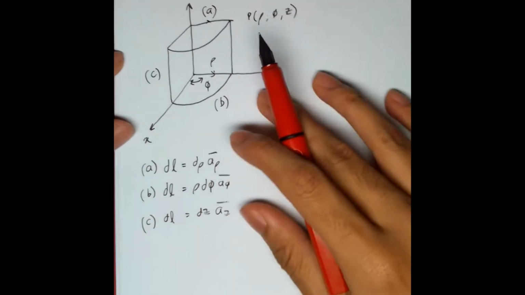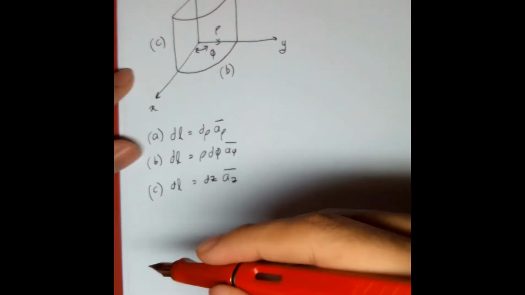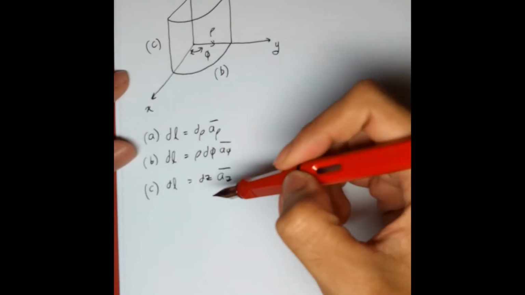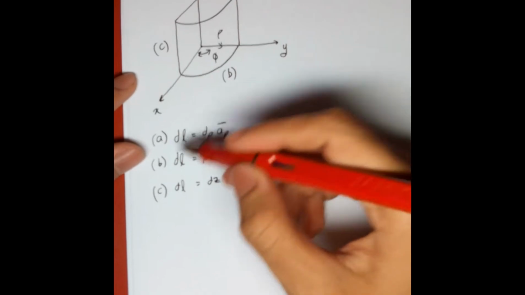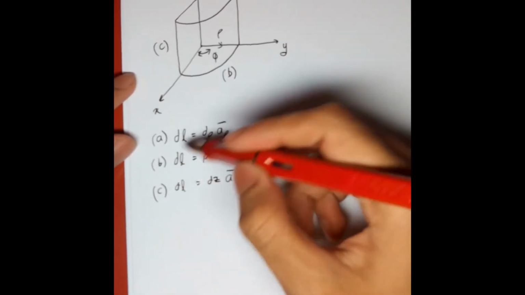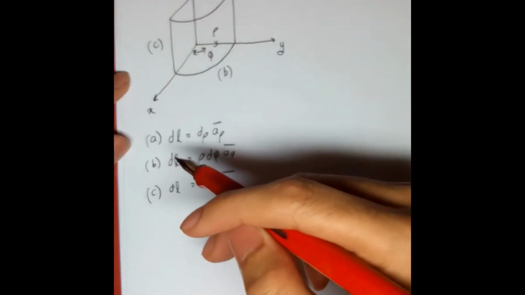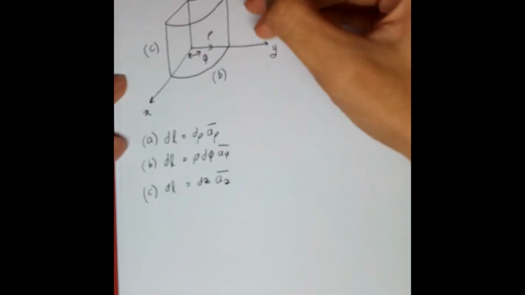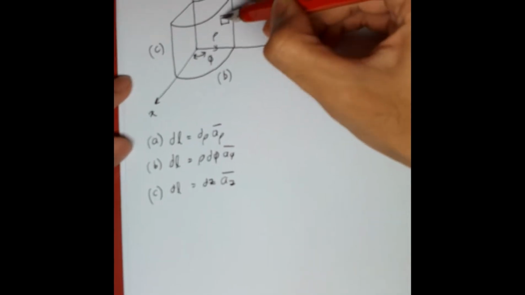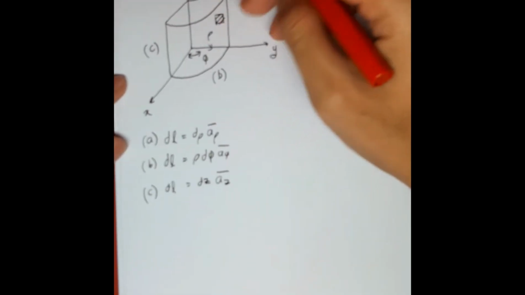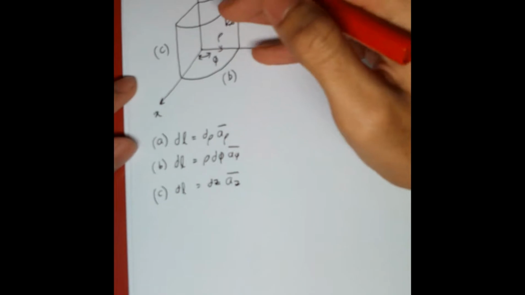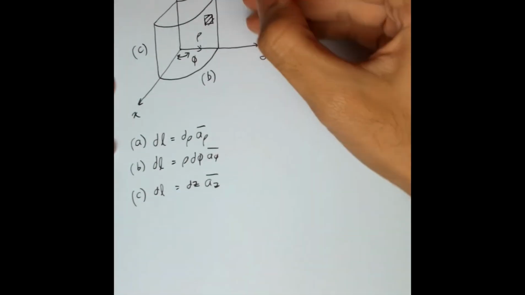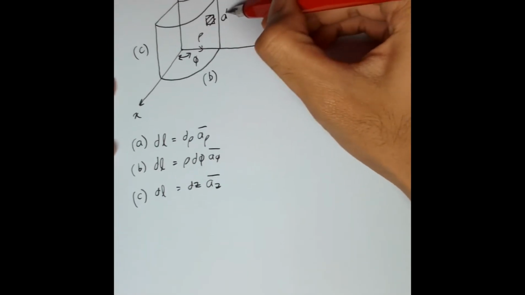For the differential surface, we can refer back to these differential lengths to create a differential surface. For example, this surface at the back of this cylinder, I will call this A prime.